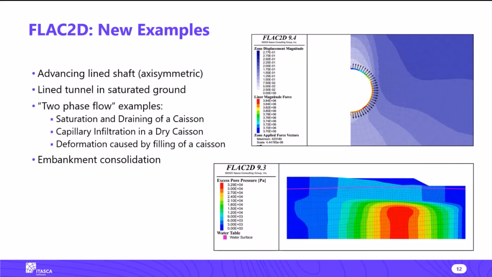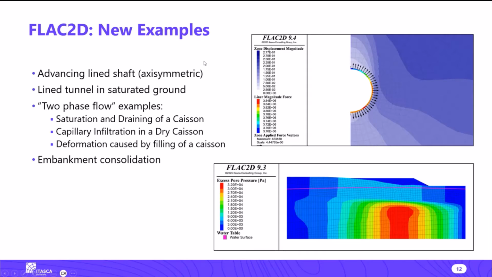Mostly it is unnecessary, because what we do have in the new FLAC is these more sophisticated soil suction models, like Van Genuchten and things like that, that allow you to have more control over the relationships between the matrix suction and the saturation, and the permeability, and so on. And so we're able to reproduce a lot of the two-phase flow examples from old FLAC in the new FLAC2D by using these sophisticated soil suction models.